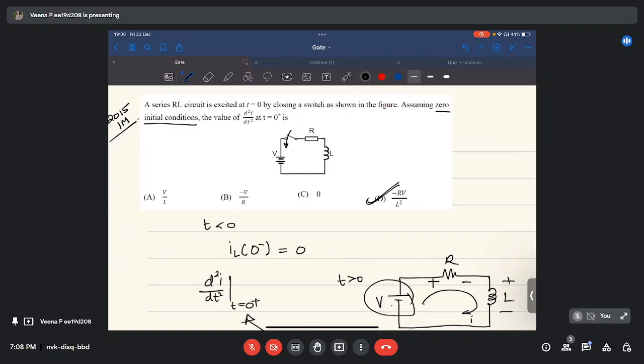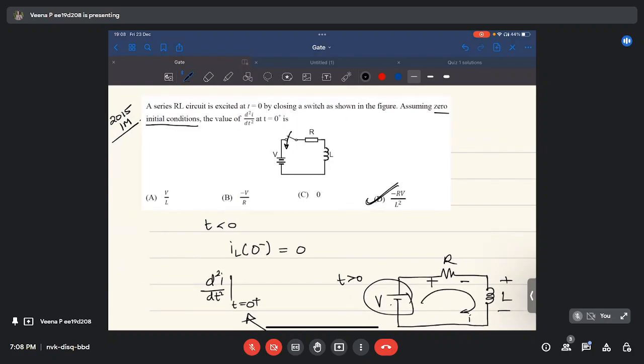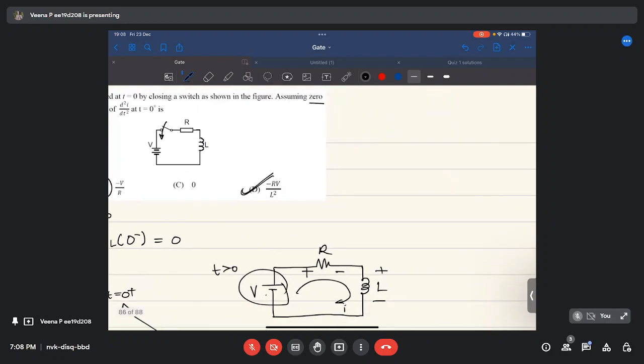So we can actually, by initial guess, eliminate option A and option B by dimensional analysis. Now you know that the voltage is given by L di by dt across an inductor. So the dimension of V is volt, the dimension of inductance is Henry, the dimension of di by dt is ampere per second. So what is the dimension of Henry?